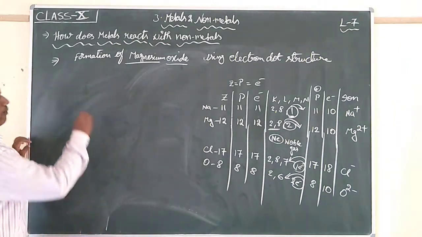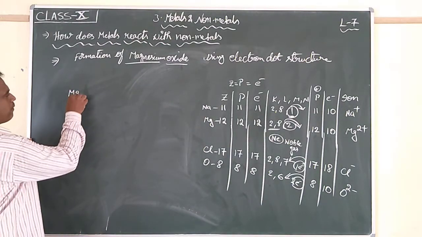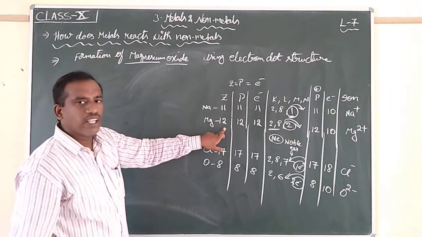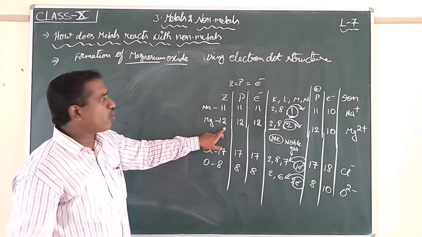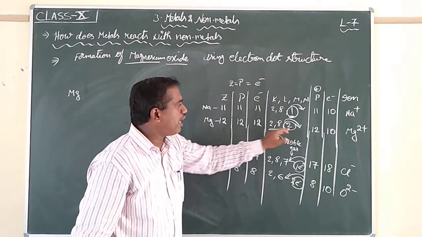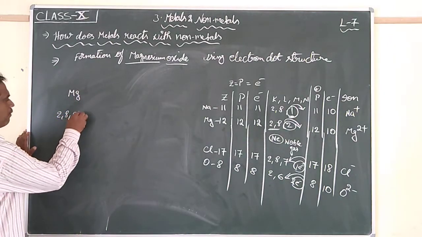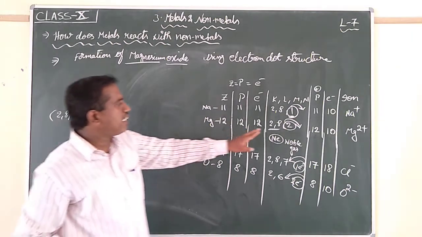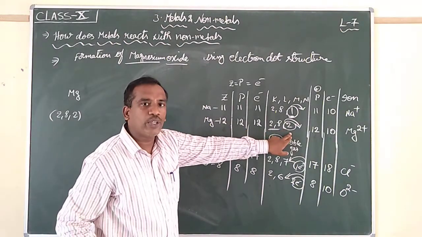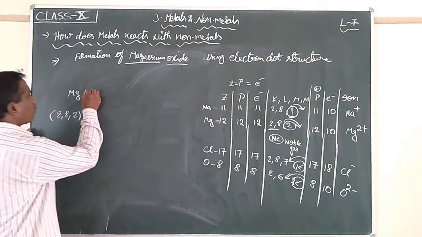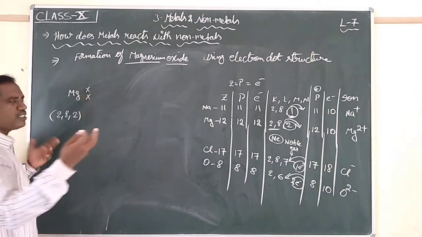Okay. Now magnesium. What is the atomic number of magnesium? 12. We can see its electronic configuration is 2, 8, 2. How many valence outermost electrons does it have? Only 2. So these 2 electrons I am writing in the form of X. It is your representation.